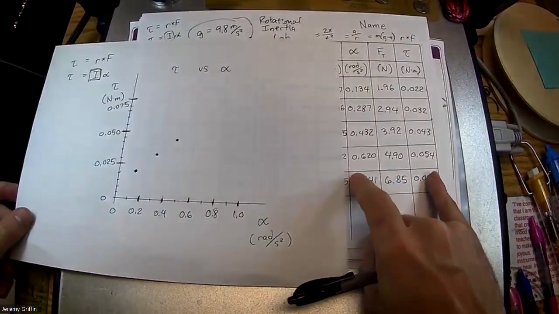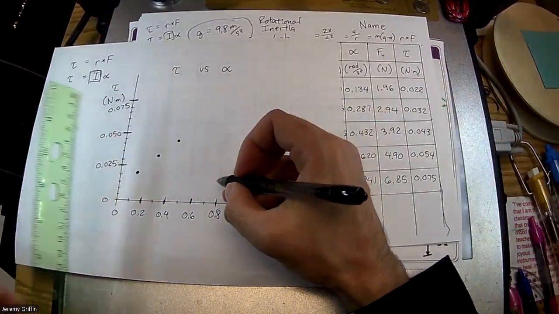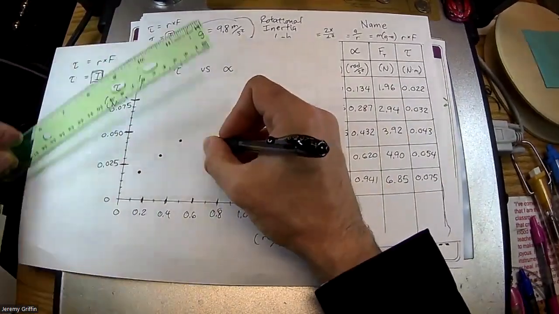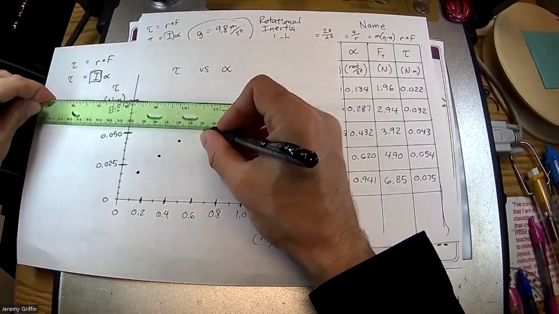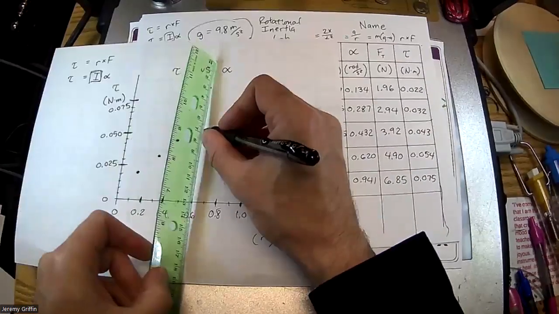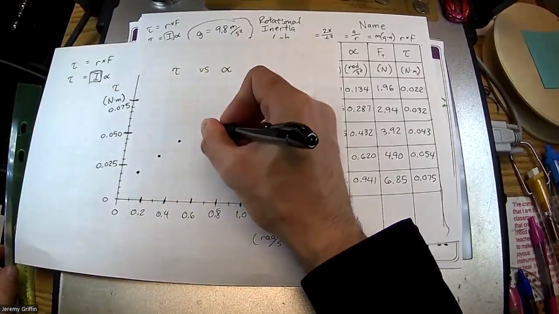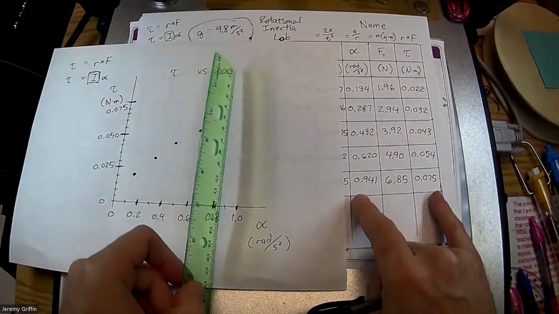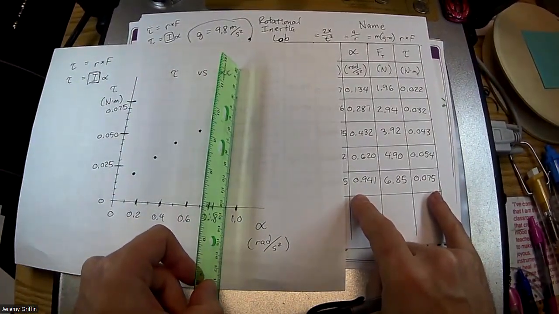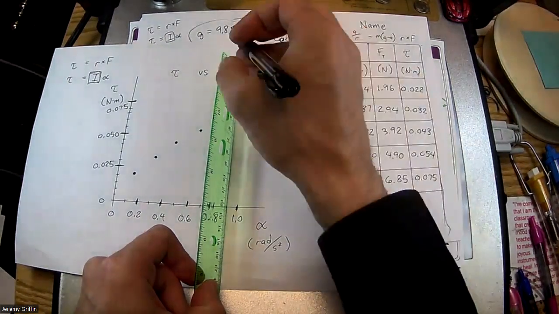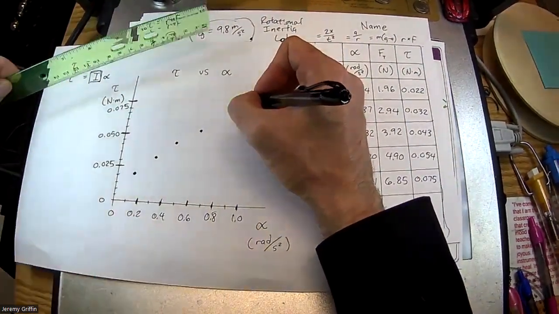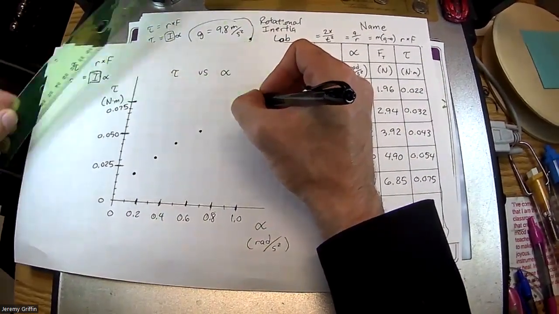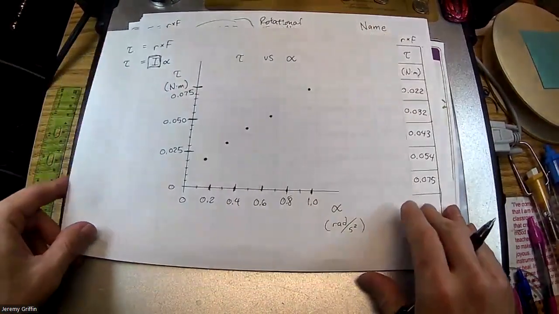Fourth point, 0.62 and 0.054. Bam. And last point, 0.94 radian per second squared, and then 0.075. 0.94 up there, 0.075 there. Bam. Okay.